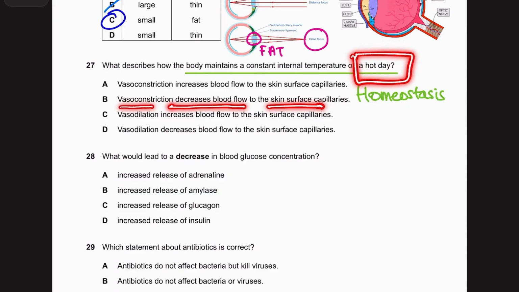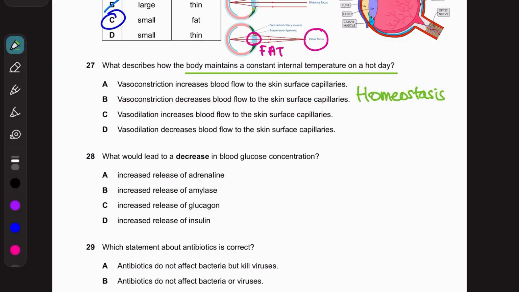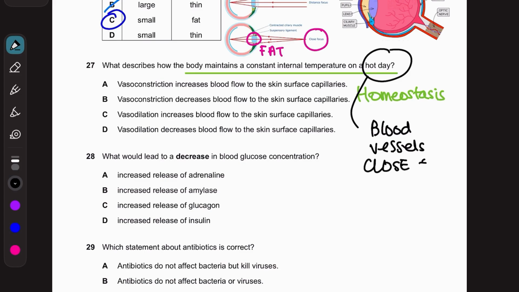On a hot day, do you want your blood vessels to be close to your skin or far away from the skin? Ask yourself. On a hot day, I want the blood vessels to be close or far away. Blood vessels or capillaries should be close to the surface of the skin. Why? Because I'm trying to lose the heat in my body because it's so hot, right?